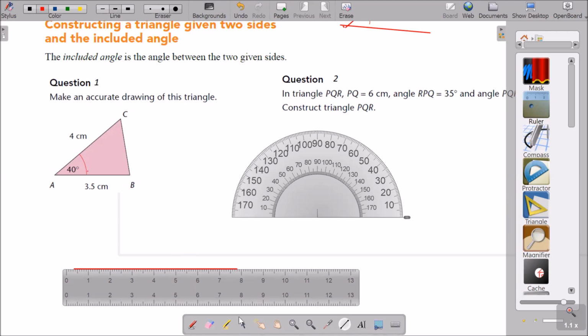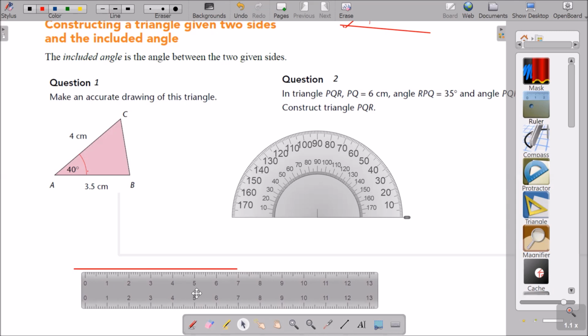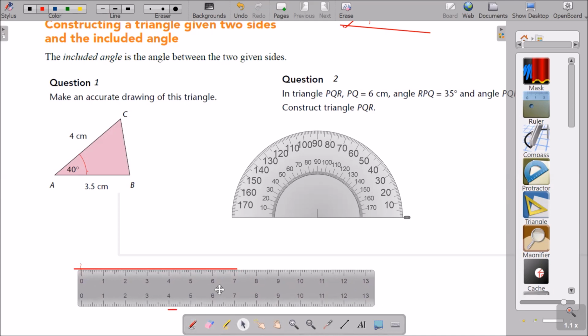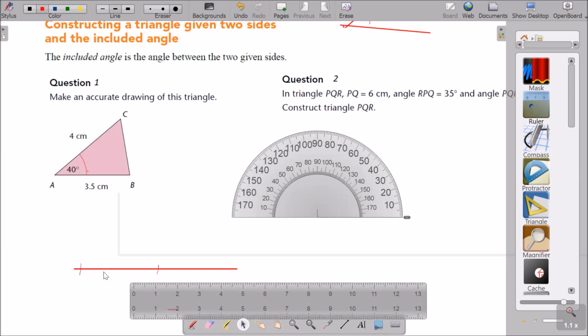We just draw a straight line, and then I will choose a point on the line, this point there, measure from there 3.5 centimeters. So 3.5 is here. I would put my 3.5 centimeters there. That is 3.5 from here to there.